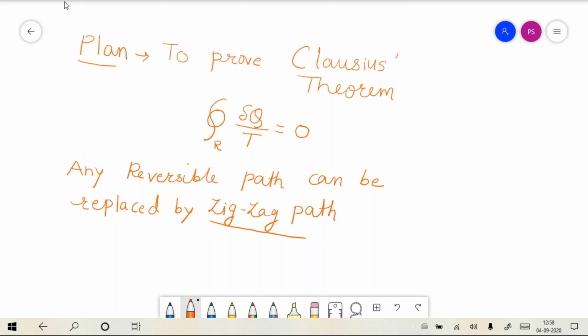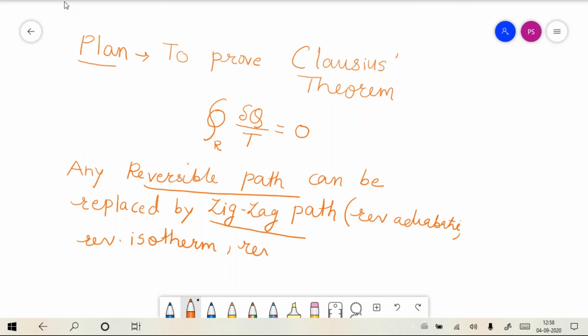So what we would be proving is that any reversible path can be replaced by a zigzag path comprising of three processes, of which one is a reversible adiabatic process, followed by a reversible isotherm, and that again is followed by a reversible adiabatic.